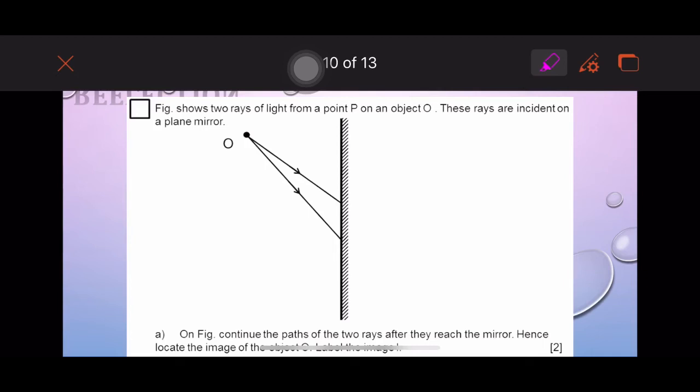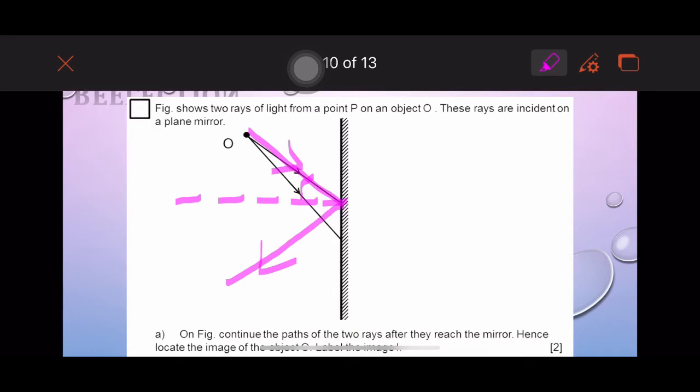Okay, so in this case we have the first ray, this one. We're going to draw a normal line with that. Use your protractor to measure this angle, and then using the same protractor you're going to draw a reflected ray over here.